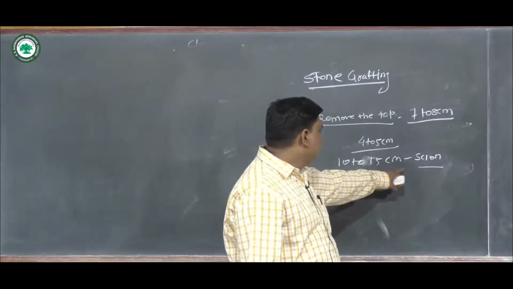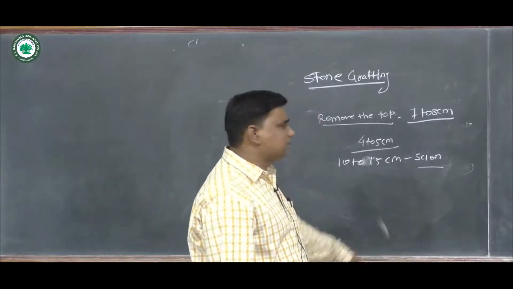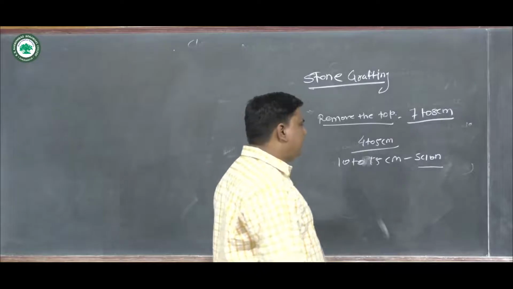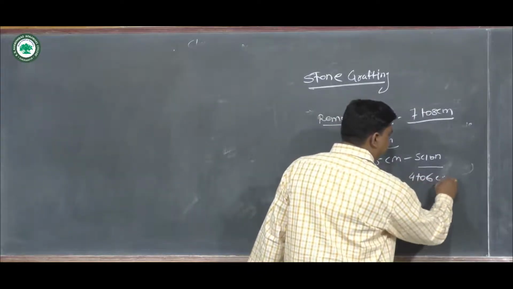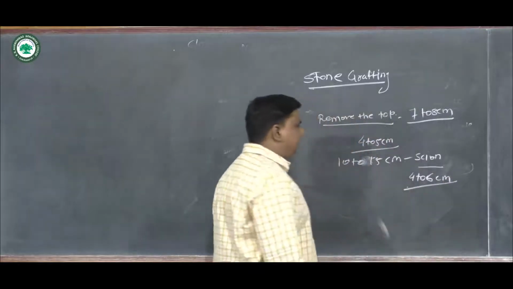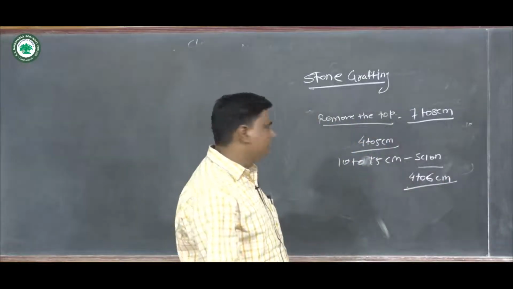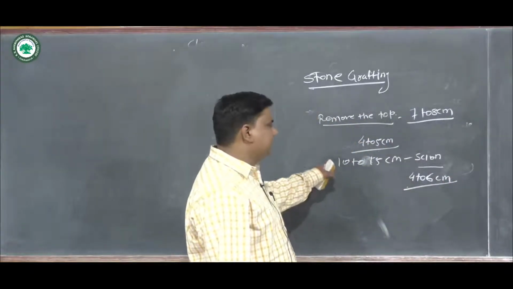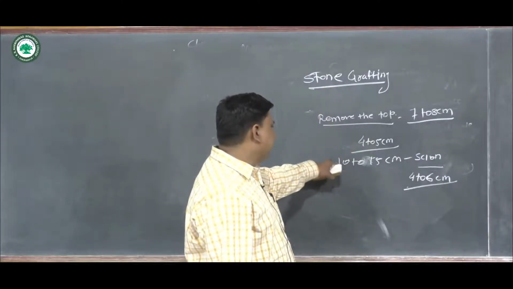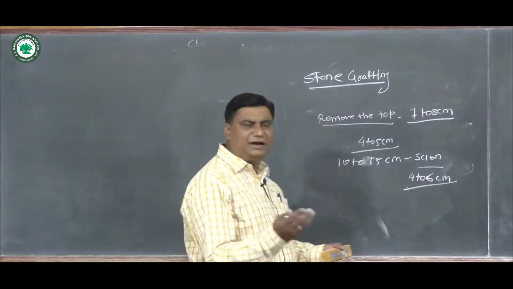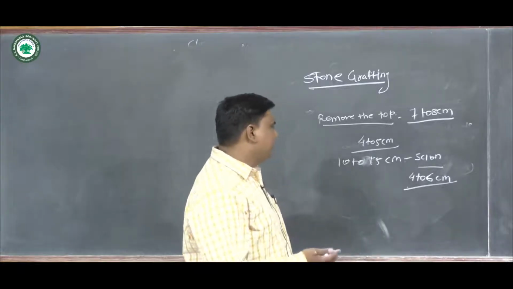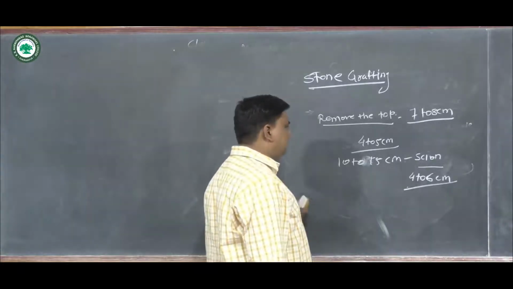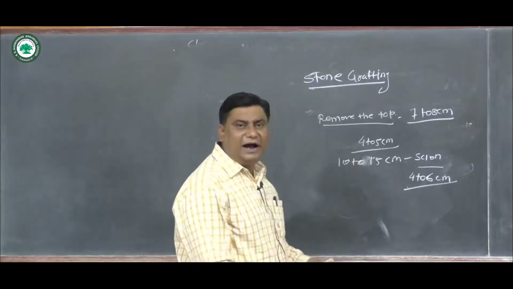Immediately after, this scion is given a slanting cut of about 4 to 6 centimeters on opposite sides, to make a wedge shape.